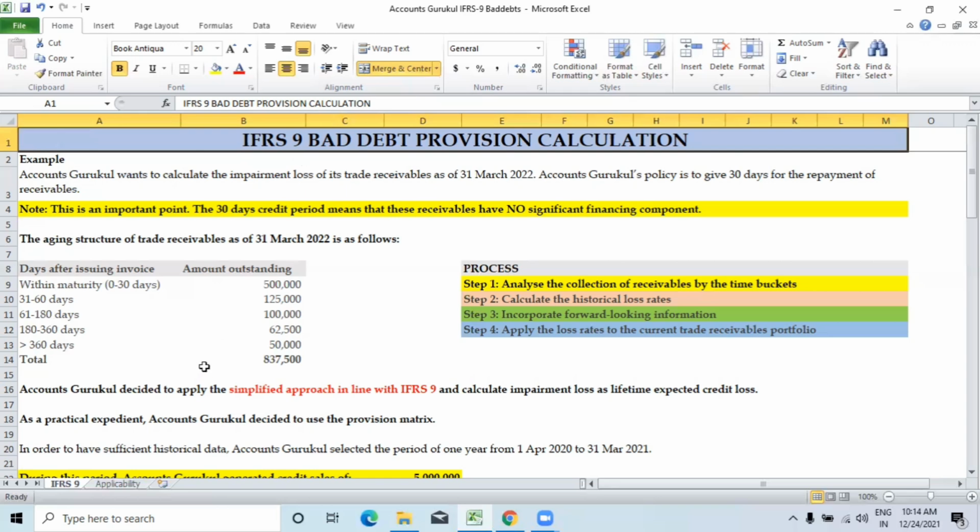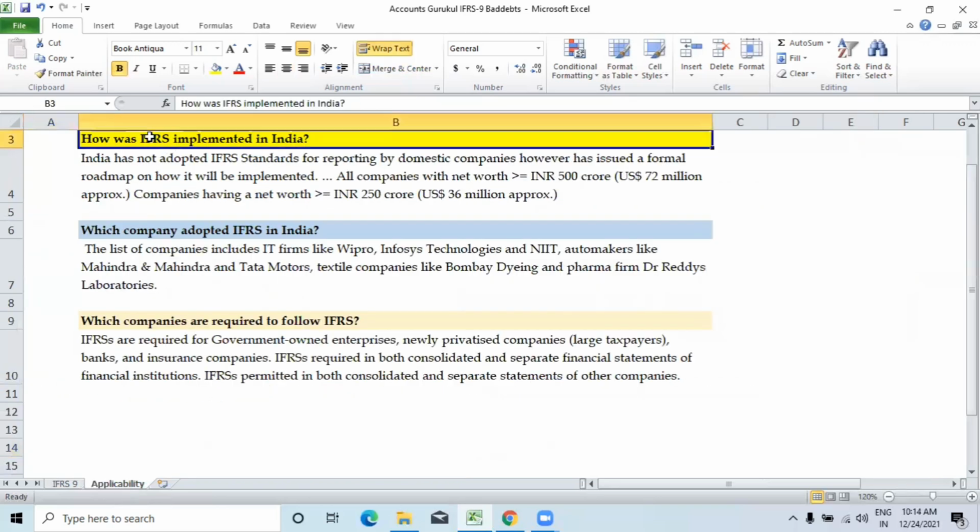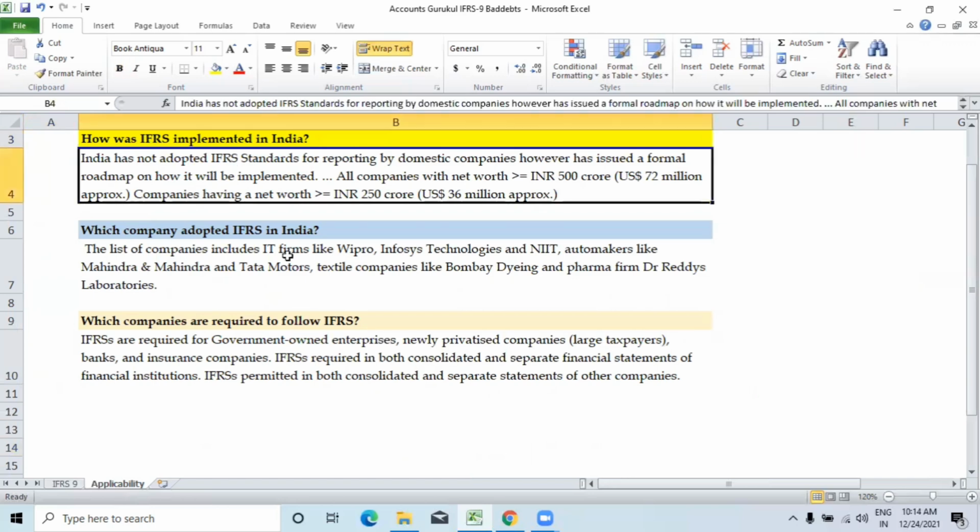Now coming back to the applicability of IFRS 9, how was IFRS implemented in India? If you see here, India has not adopted IFRS standards for reporting by domestic companies, however, it has issued a formal roadmap on how it will be implemented. So as of now, it's not that much adopted by the domestic companies, but they have already created the roadmap for how it's going to be implemented.